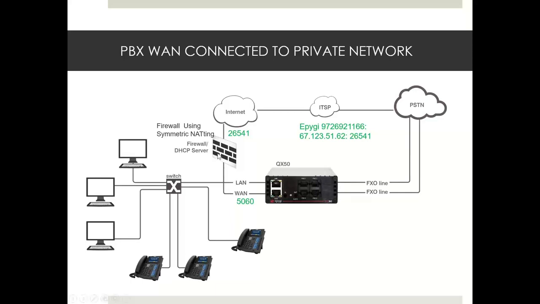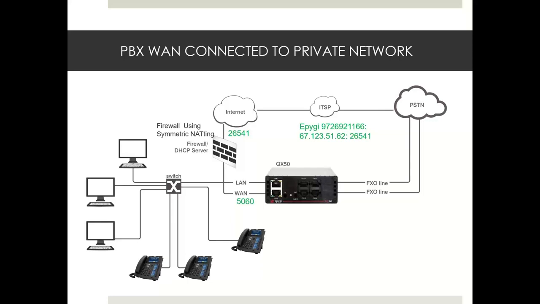But as it crosses the firewall, that firewall does something unique. It changes that port number to some arbitrary number, in this case, as our example, 26541. So on the outside of that firewall, those messages are no longer coming from port 5060, but from 26541.